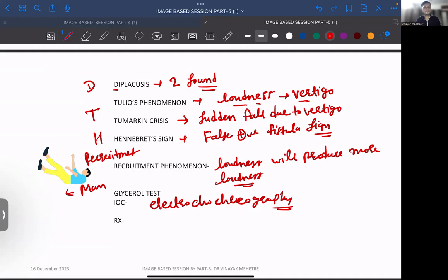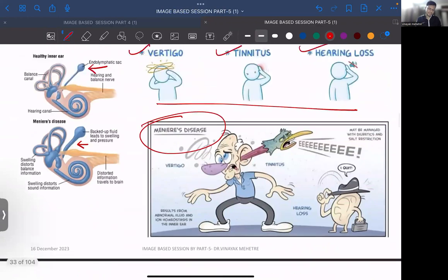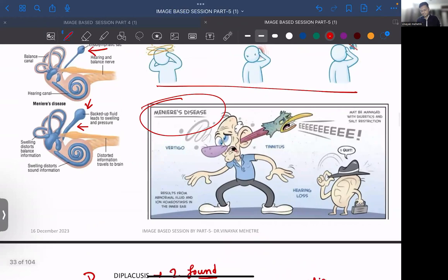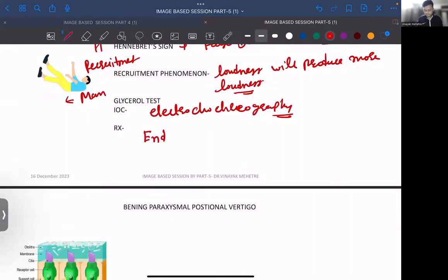Treatment. Problem कहाँ था? It was in endolymphatic sac, right? It was in the endolymphatic sac. So treatment is endolymphatic sac decompression. This is the treatment.